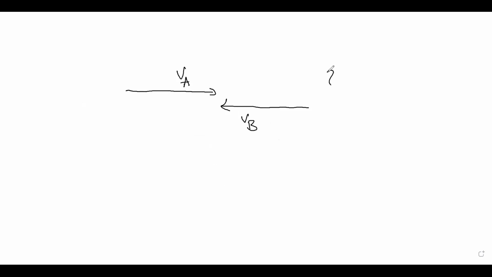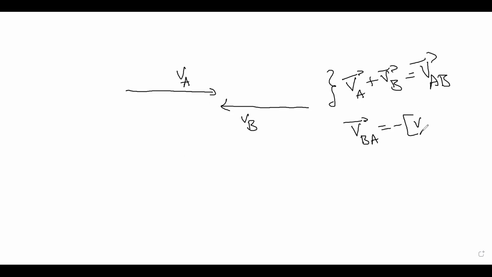Both moving in opposite directions, they will sum up. This you all know. This is what happens when they are in opposite directions. This VA plus VB will come as VAB, velocity of A with respect to B. If I say VBA, I have to take the negative of VA bar plus VB bar.